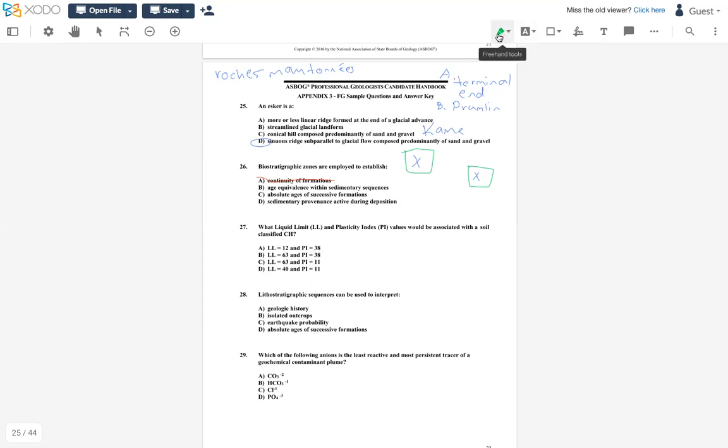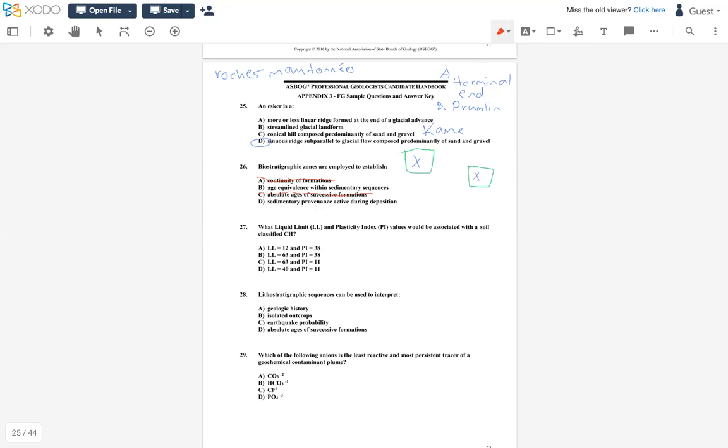Absolute ages of successive formations. Absolute ages refer to a very specific numerical age of a material. Generally that's using radiometric dating, and that's not what we're using here. We're using fossils to make our age equivalencies. Sedimentary provenance.